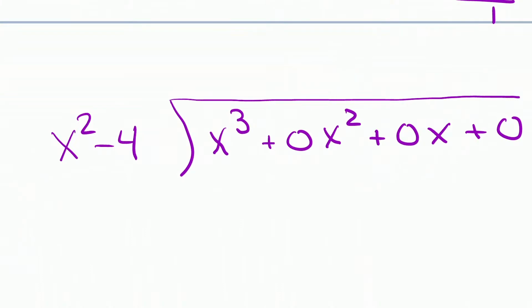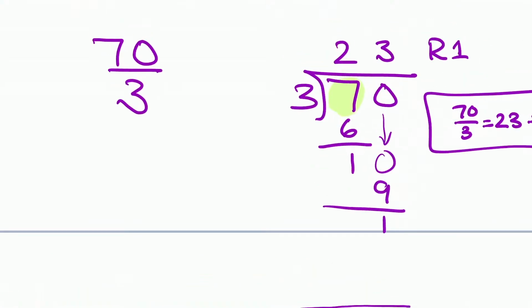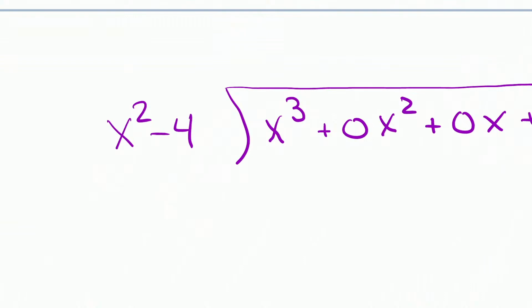Fortunately for us, it's actually somewhat more straightforward than this, at least I think so. There's not as much guesswork, in the sense that I can look at this and ask myself what I need. All I care about is this leading term. So I'll ask myself, what do I have to multiply that leading term by to get x cubed?